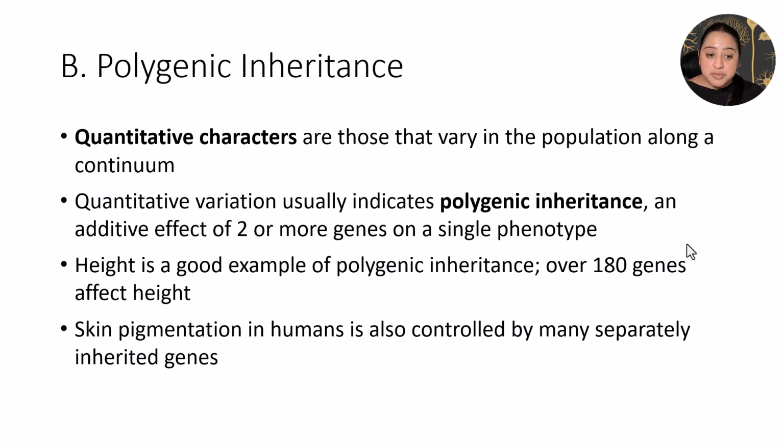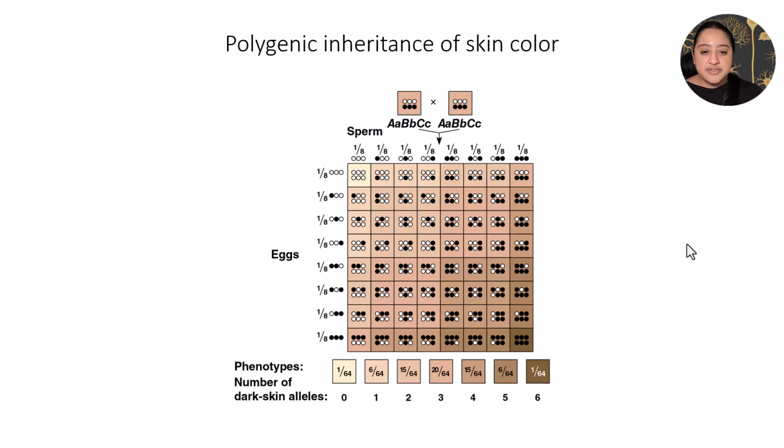And skin pigmentation in humans is also controlled by many separately inherited genes. So here's an example. This is simplified, but it shows the range of different skin colors. Although this is like the foundation aisle, right? It's really not that inclusive.